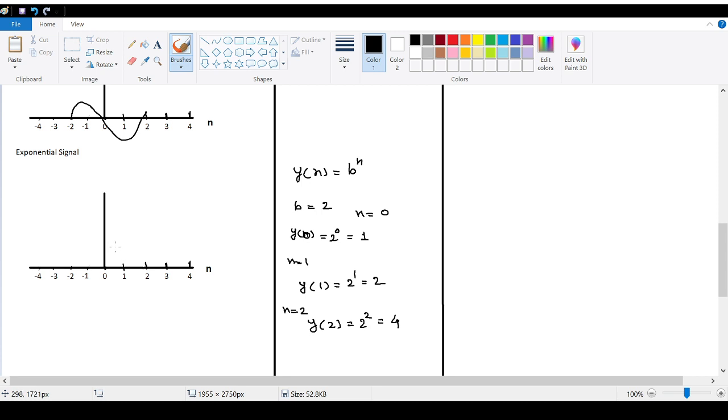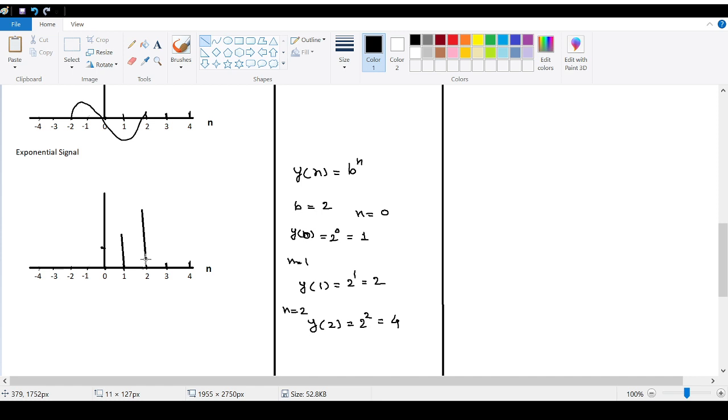Now whenever we want to plot these calculated values, for n is equal to 0 we are having the amplitude which is 1, and for n is equal to 1 we are having the amplitude which is 2. So I can plot it here, 2 amplitude. Now for n is equal to 2, we are having the amplitude 4.